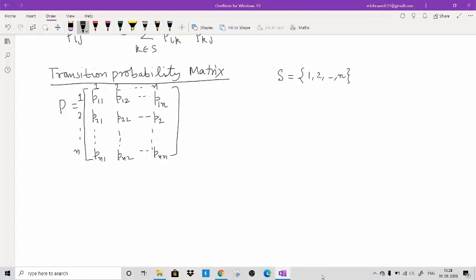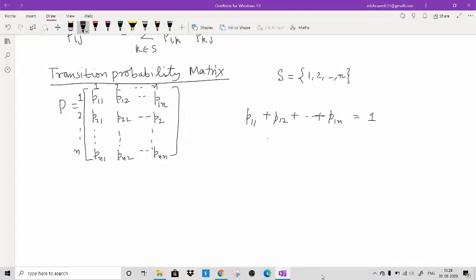So if you focus on this, if you find P11 plus P12 plus up to P1n, it will come out to be 1, because from state 1 you can go to state 1, state 2 or state n.